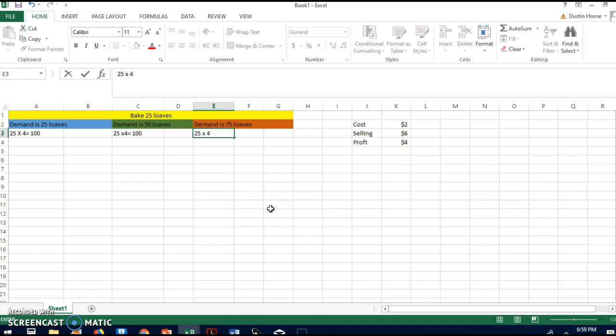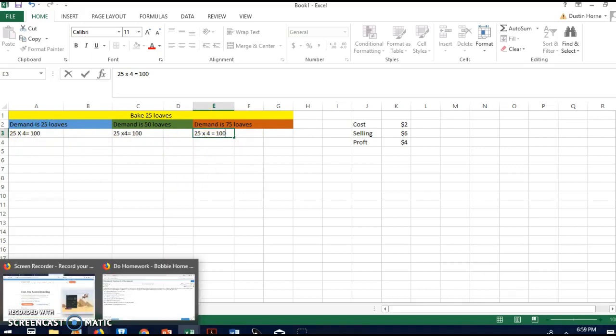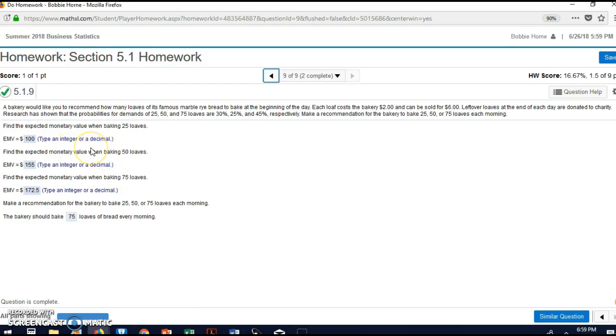So I could only make $100 because that's all I have. So the expected monetary value, you don't have to really use the probabilities here. Whether the demand is 25, 50, or 75, I'm only going to make $100. So that is how you work the first one.